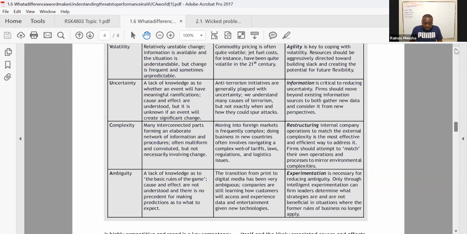So the best way to deal with a situation where you're dealing with ambiguity is experimentation, which means that before you introduce a particular product, you need to do a lot of experimentation so that you can see exactly how the product behaves. That's why, for example, you look at the advancements in artificial intelligence.